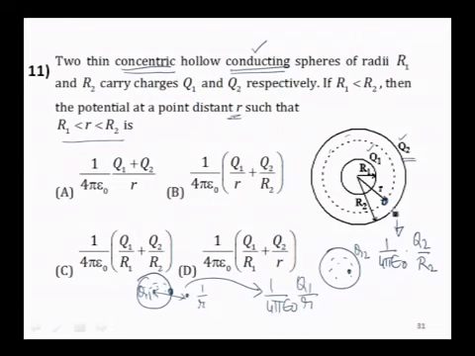Potential being a scalar, you have to add these two. So 1 over 4 pi epsilon naught is common, Q1 should have 1 by r, Q2 should have capital R2 in the final answer. So therefore this is the correct option B for question number 11.